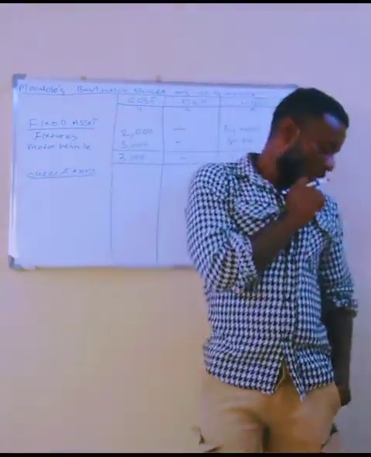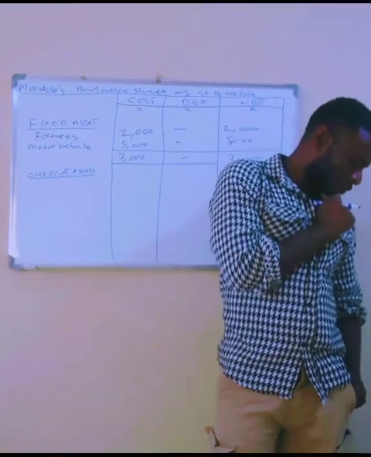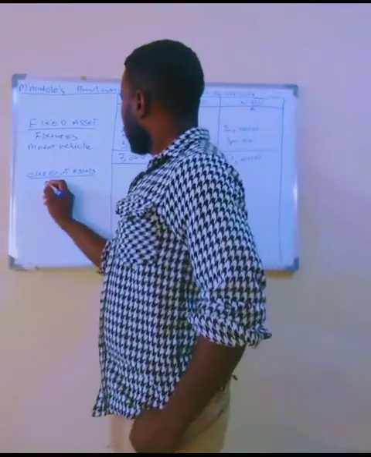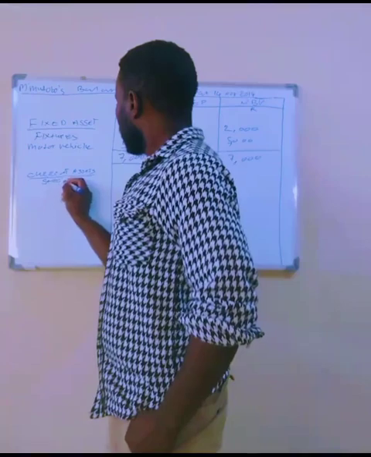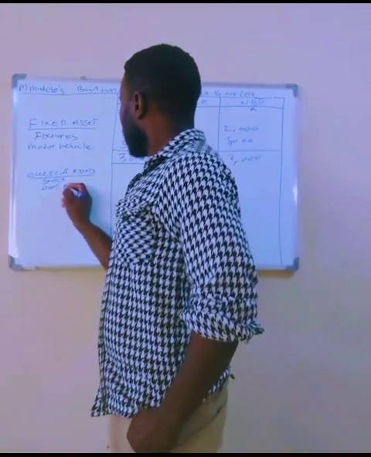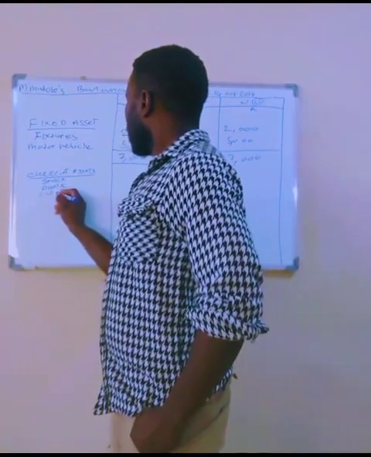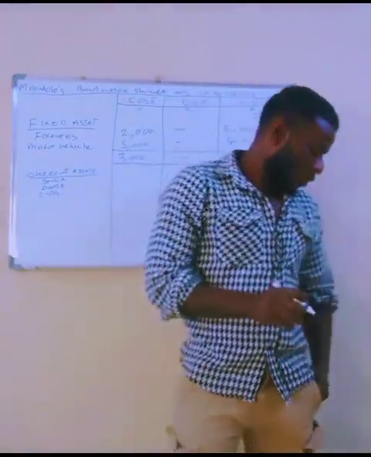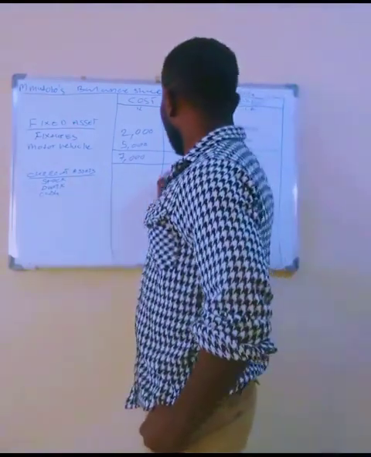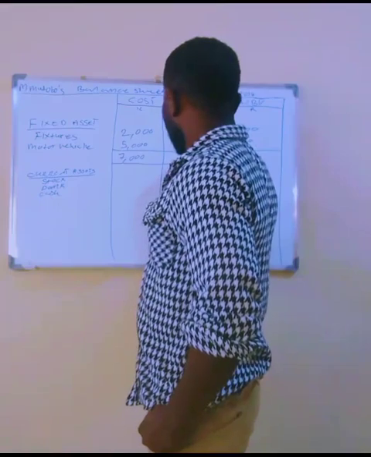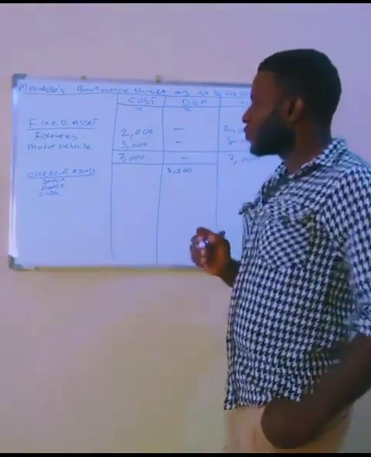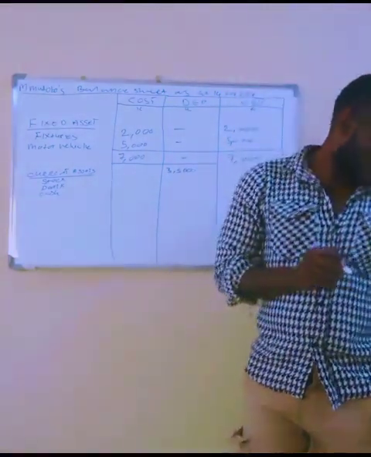Under current assets, we have stock, bank, and cash. Stock, we have 3,500. Bank, we have 2,800.